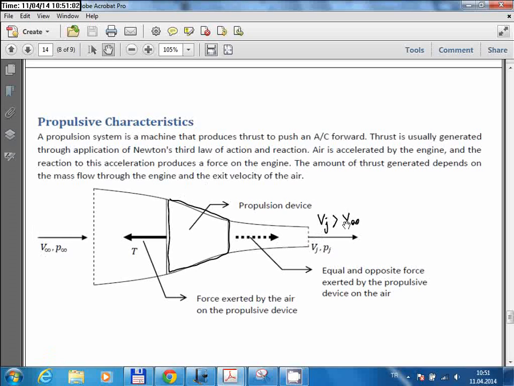Some force must have been applied on air, right? So for it to accelerate from the second law of motion. And from the third law of motion, the same amount of force should be applied as a reaction on the engine itself. So the force that accelerates air is towards right, and the reaction force that is applied on the engine is towards left, and this force forms the thrust force of the engine.